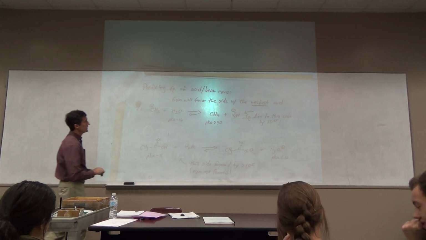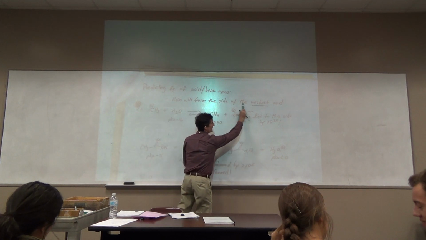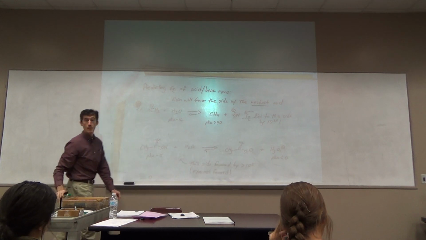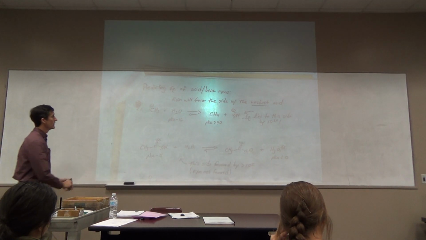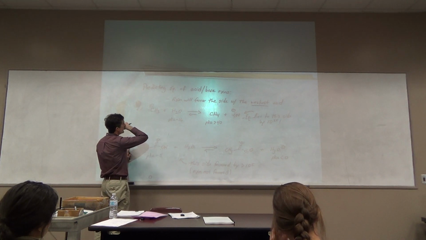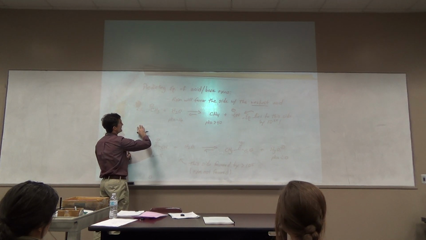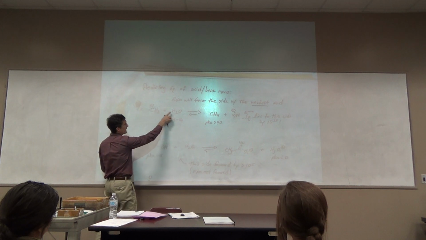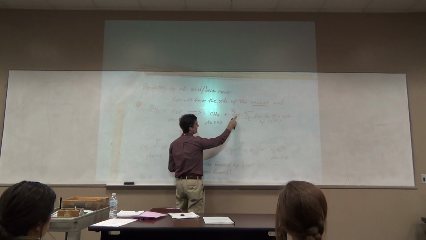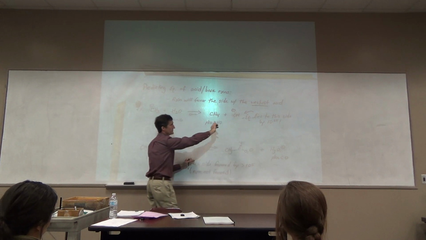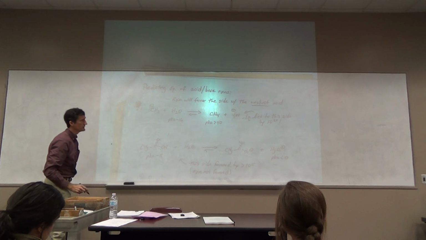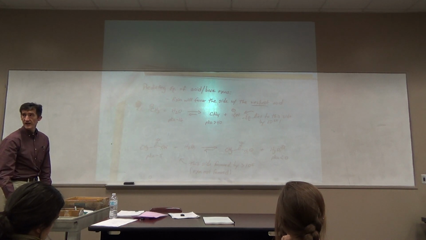Predicting equilibrium. Well, we know reaction will favor the side of the weakest acid, right? You all know that. I think I showed this on a previous page. This reacts with water to make methane plus hydroxide. Equilibrium lies to that side. By how much? 10 to the 25, right?